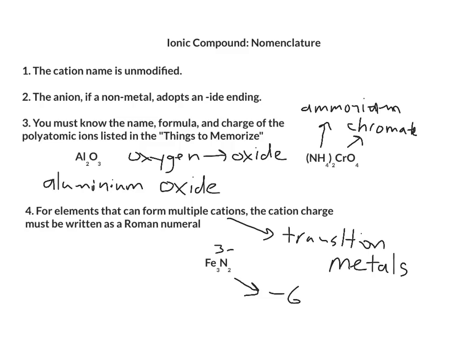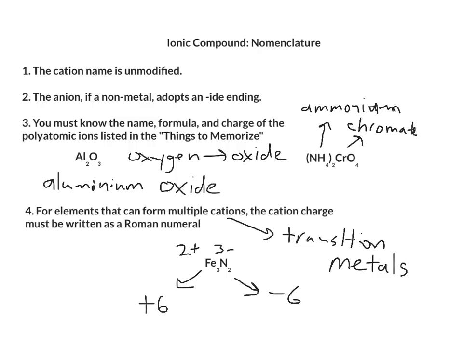That means the overall charge for all of the iron in the formula unit is +6. +6 minus 6 is equal to 0. But you have 3 iron cations in the formula unit. 6 divided by 3 is +2. So the charge of each iron cation is 2 plus.